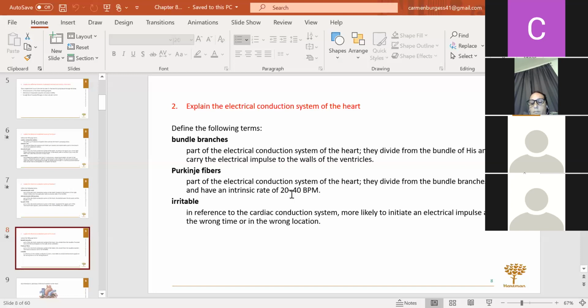They shock me trying to irritate one of those sites to get it to go back in a normal rhythm. So when we say irritable, we're just talking about those sites along the pathway that can initiate an electrical impulse. A lot of time it's wrong place, wrong time. So just know that when we talk about that, that's what we're talking about.